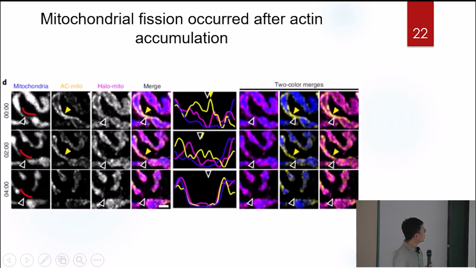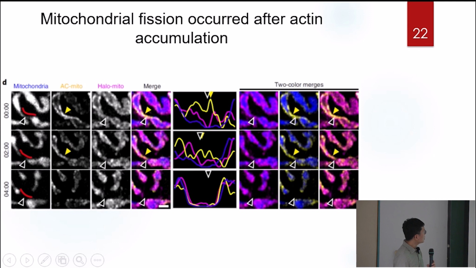Further, they find that AC mito, which means actin mito, accumulates before the mitochondrial fission. So here is the mitochondria. This is Halo-mito, which is another way to label the mitochondria.